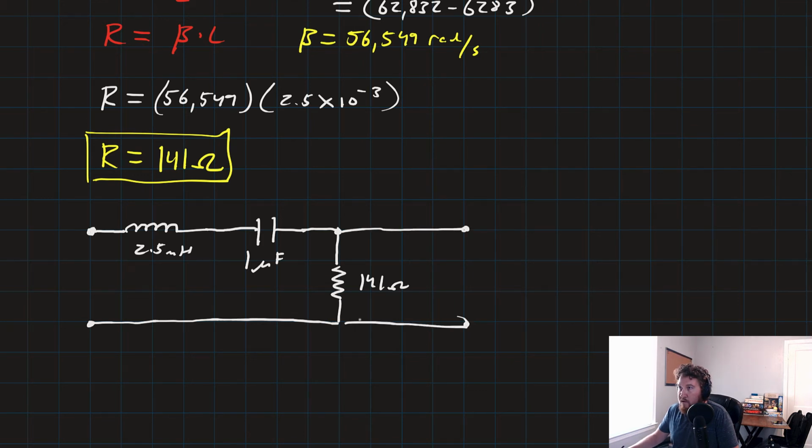So there is our designed bandpass filter. V in plus minus, V out plus minus.